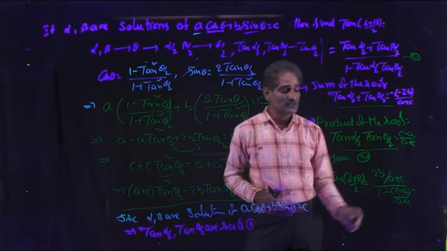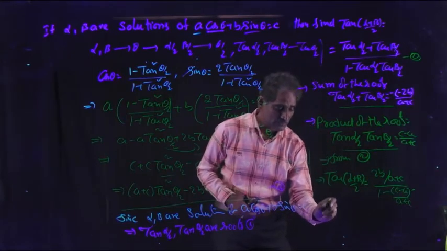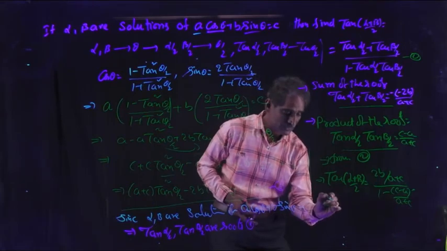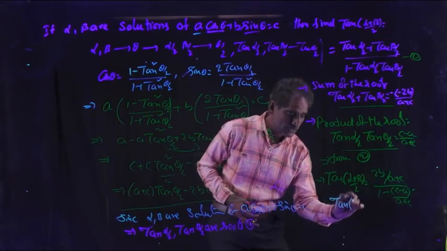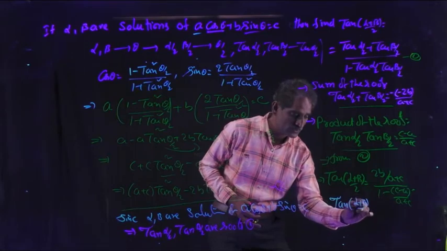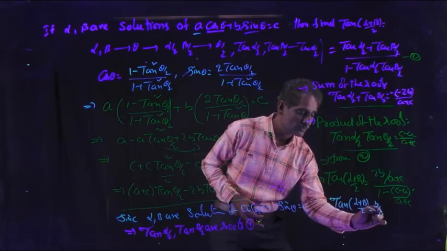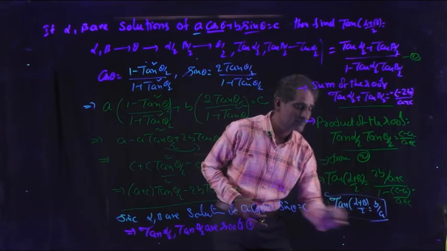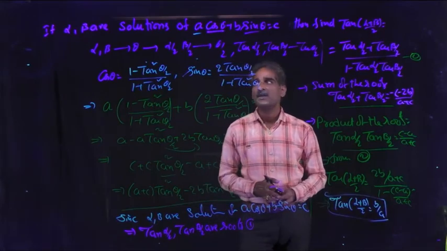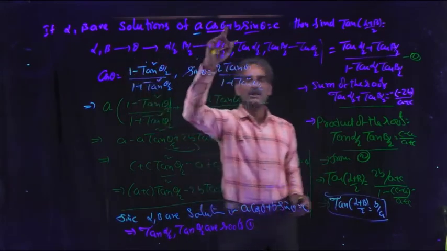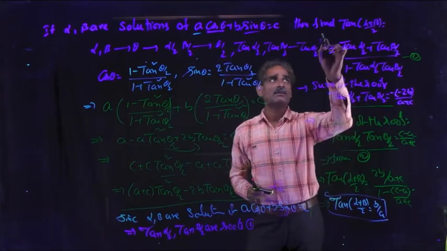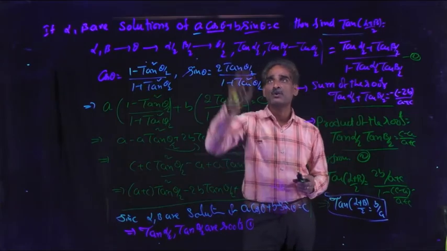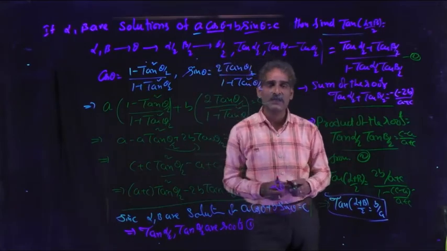Simplifying this, we get tan of alpha plus beta by 2 is equal to b by a. This is the formula. Whenever alpha, beta are the roots of this type of equation, tan of alpha plus beta by 2 equals b by a, that means coefficient of sine by coefficient of cos.